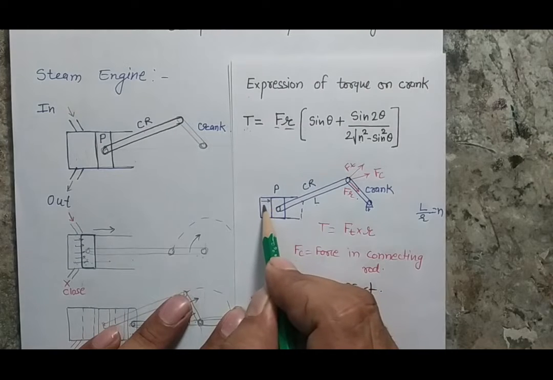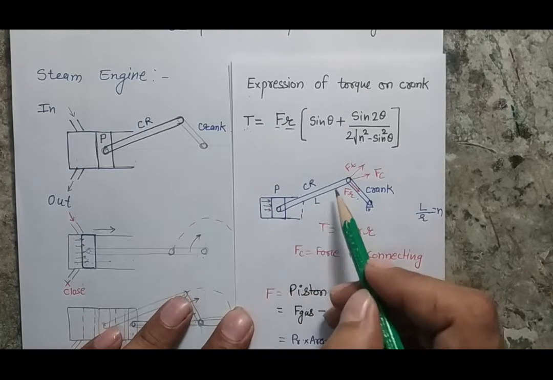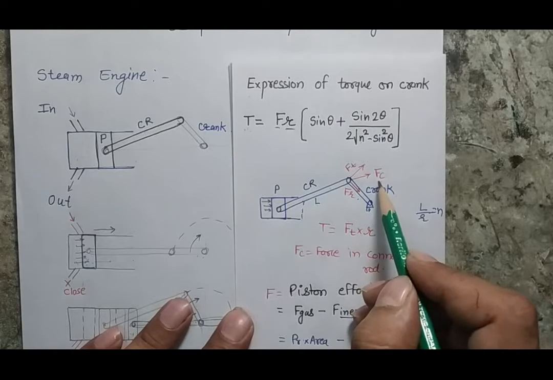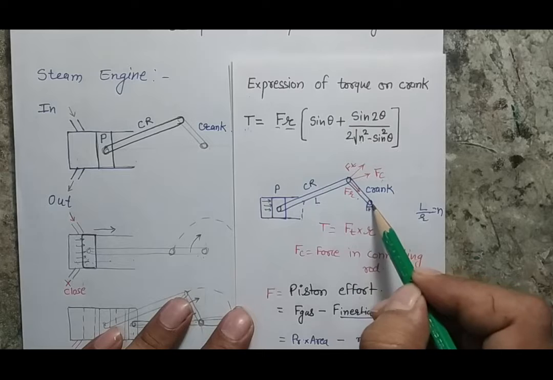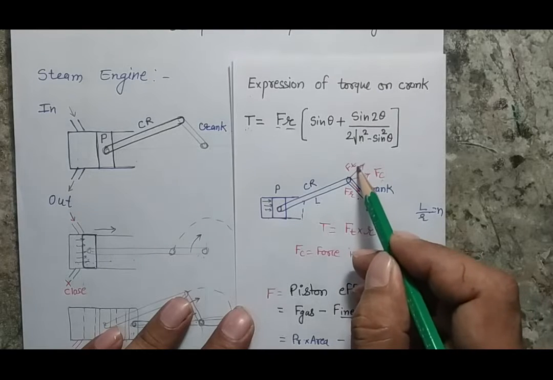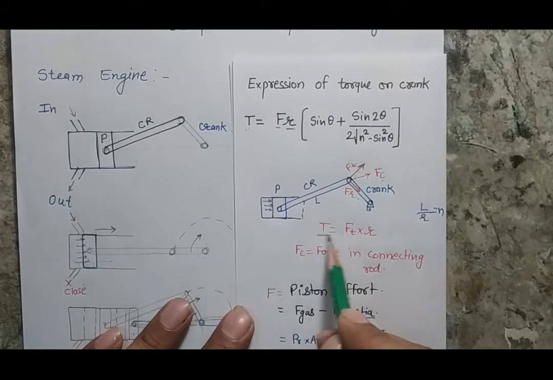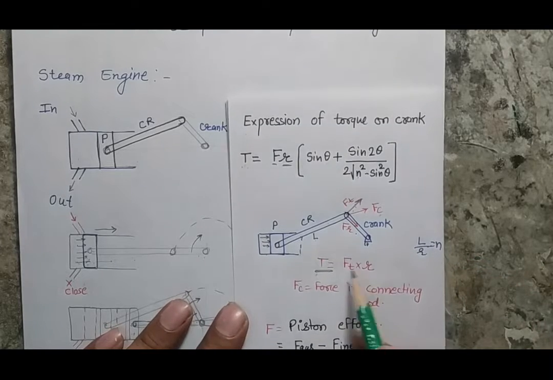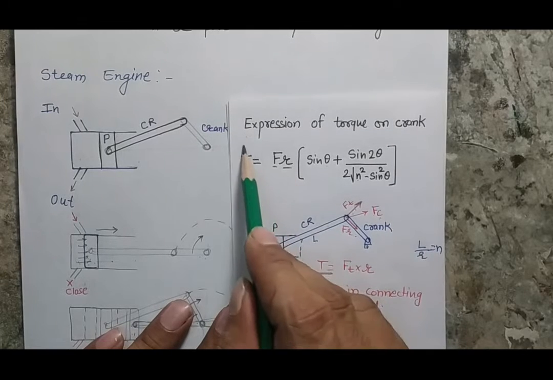When there is pressure on the piston, the piston will apply certain force to the crank. That force I am representing here by Fc. That Fc can be broken into two components, one perpendicular to the crank and one along the crank. That perpendicular component, when multiplied with the length of the crank, gives a torque, and when I put in this Fc value and simplify further, I will get finally this formula.